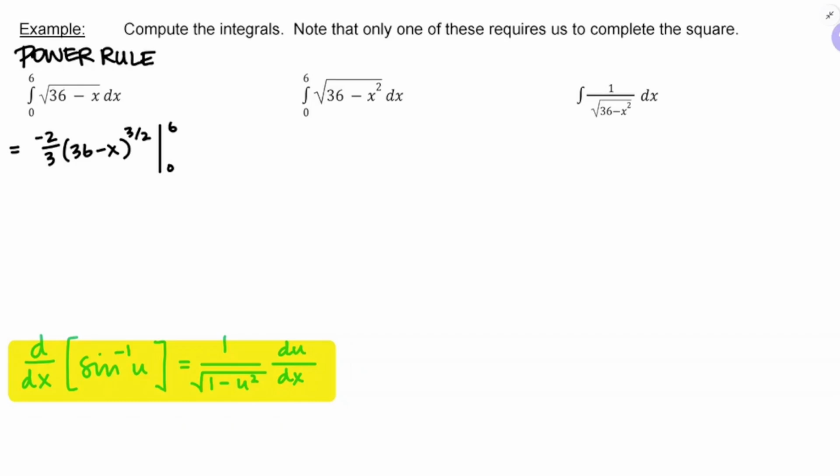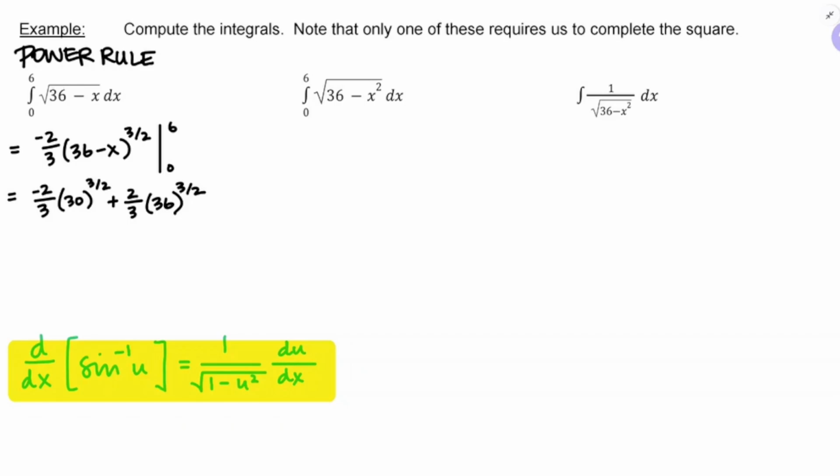So -2/3 of 30 to the 3/2 minus -2/3 of 36 to the 3/2. We could probably figure that out because it'd be 6 cubed, which I think is 216, but it's just not going to be something we want to take 2/3 of, because we can't easily take 30 to the 3/2 power. So that's as far as I'm going to take that one.